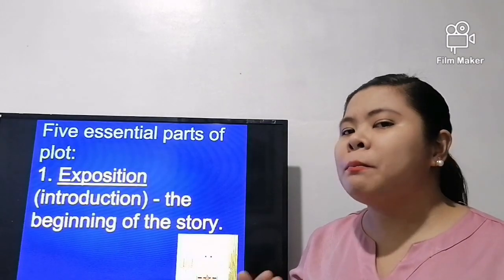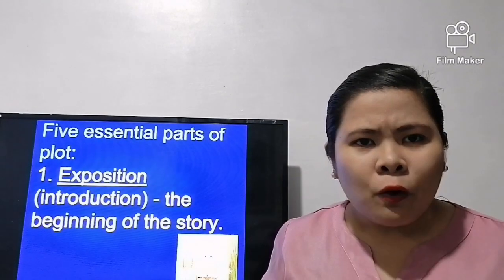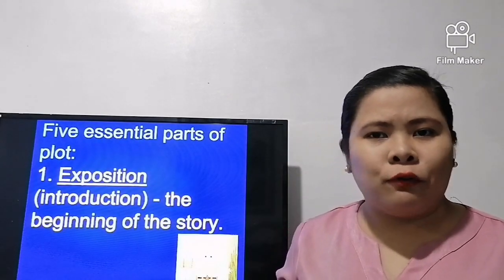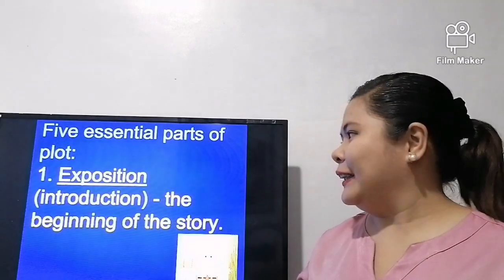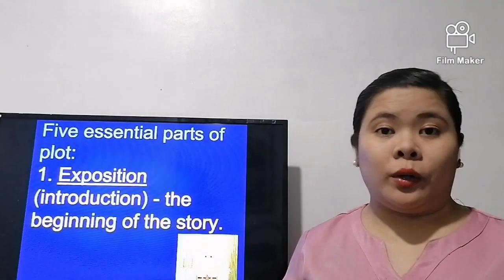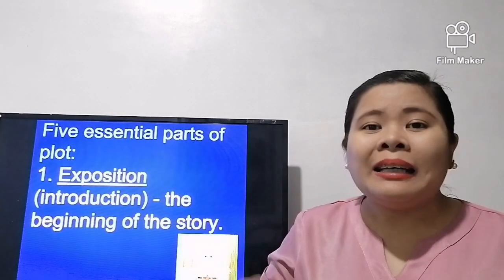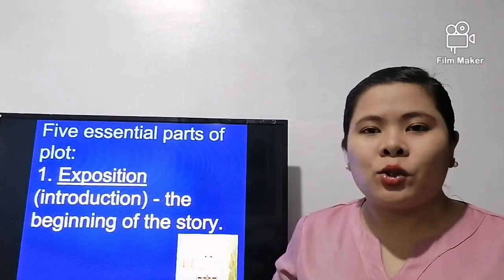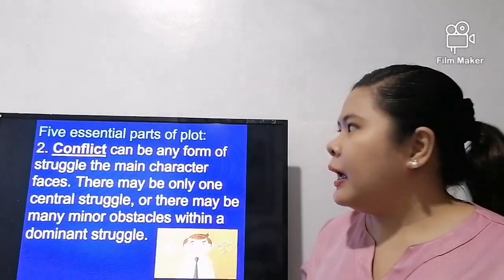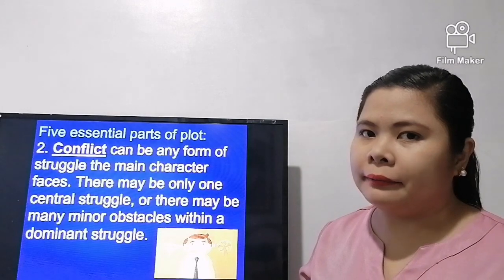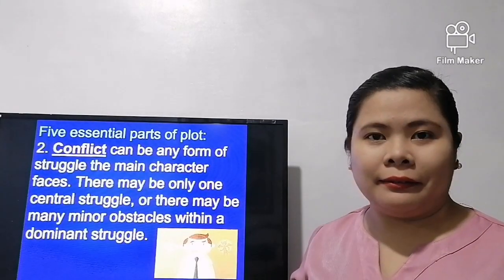We will be discussing the 5 parts of plot. The first essential part of plot is exposition. Again, what is the other term for exposition? Introduction. The beginning of the story. Exposition or the introduction is the beginning of a story. How about the second essential part of plot? What is that? Yes, it's conflict.